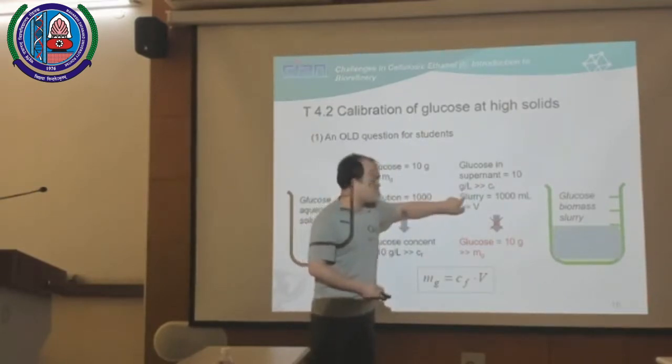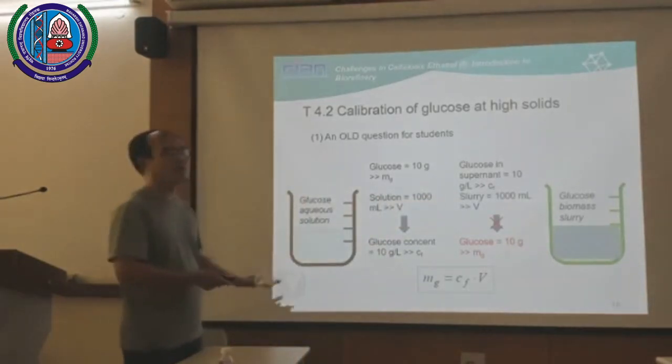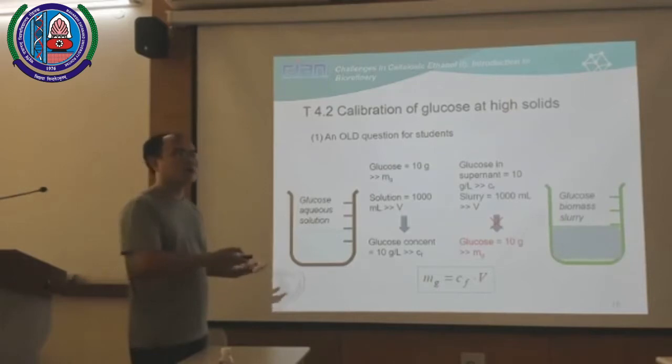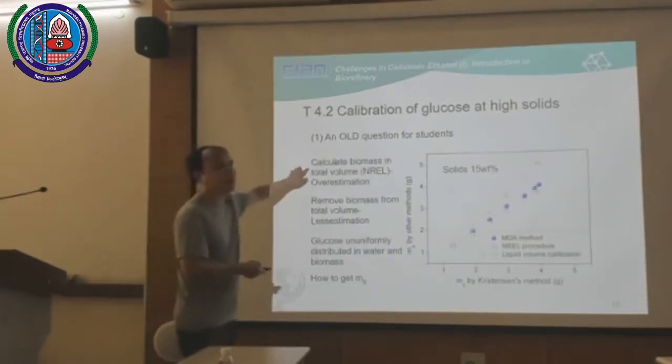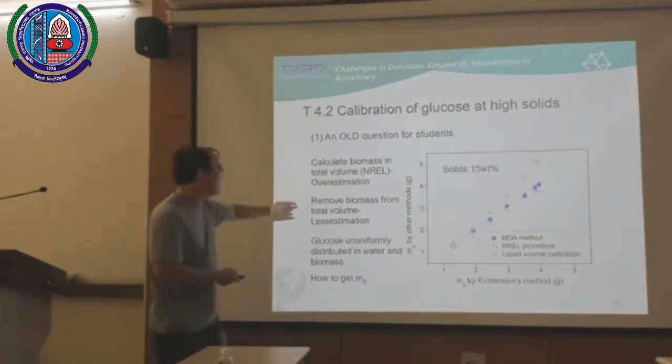But do remember, the volume includes not only water but also the biomass. So it is better for us to do the test of gravity. So you use the NREL method.